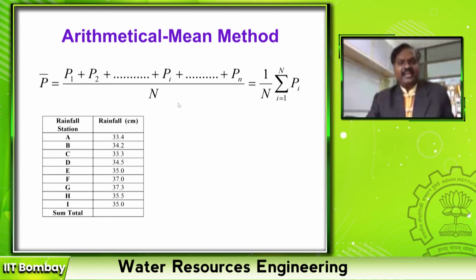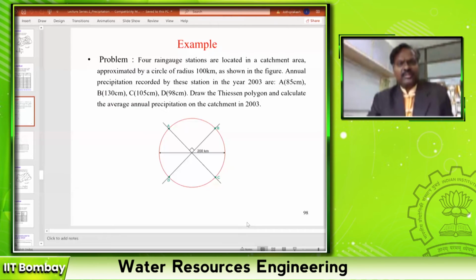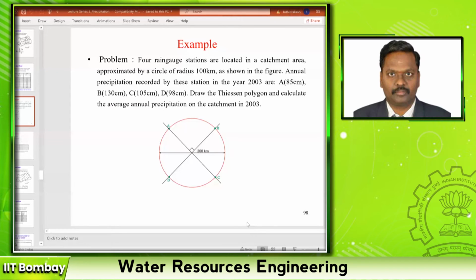Right? Let us say I have the same picture. I have these 5 rain gauge stations, and if I am the CEO of this river basin and somebody asks, what is the average annual rainfall in your river basin? I cannot say the average annual rainfall of station 1, station 2, station 3, station 4, station 5. Instead, I have to give only one number. So for that, what do I do?